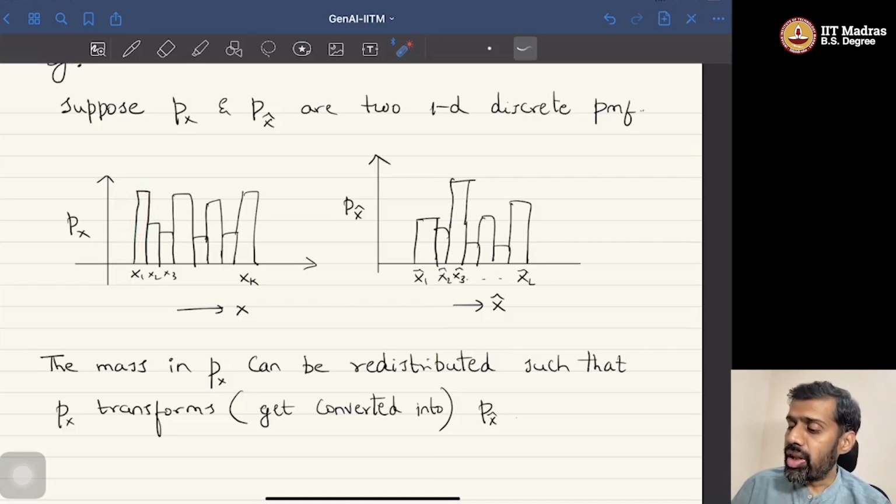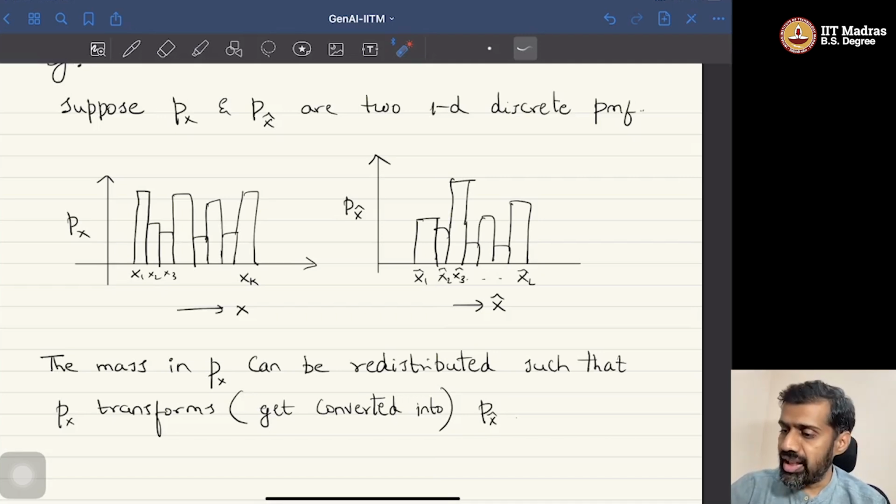So now we have more mass in x1 in P_X, and in P_X cap we have more mass in x3, right? So if I have to transform this P_X into P_X cap, what I have to do is take some mass from x1 and put it in x3, so that the mass in x3 becomes equal to the mass in x3 cap, right? So I can go over all the points in P_X and redistribute the mass in such a way that it transforms into P_X cap.